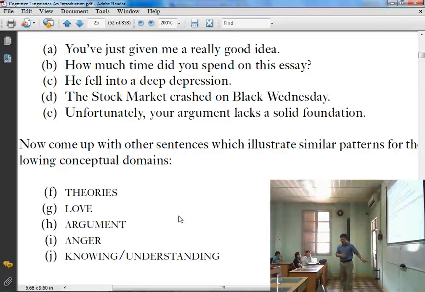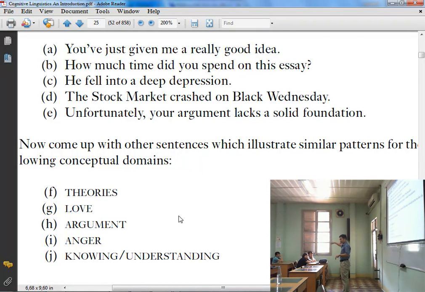Similarly, I can say what is the foundation for Chomsky theory? Foundation for building and foundation for theory. I can say Chomsky theory is scaffolded with the generative grammar theory, for example.